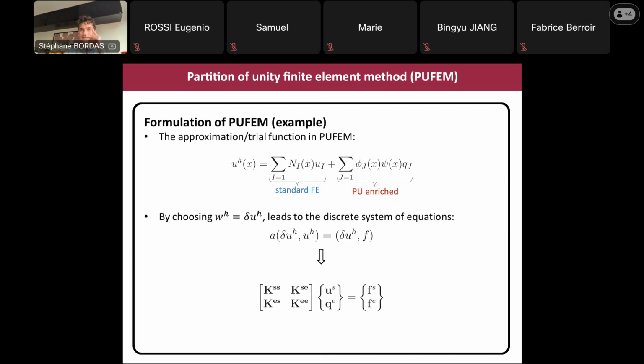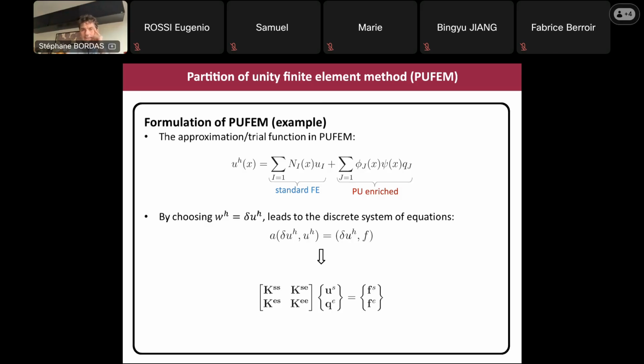Why will it be exactly reproduced? Well, let's take an example. Let's say that UIs are all 0, so that goes to 0, and let's say that all the QJs are 1. Well, then you have the sum of phi j times 1 times psi. The sum of phi j is 1, times psi gives you psi. Right?